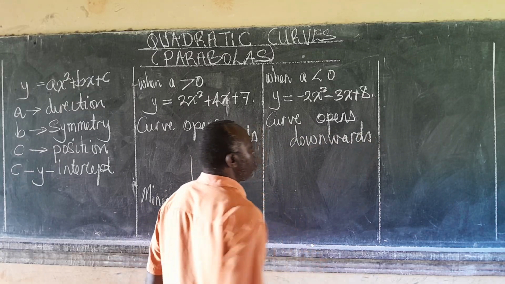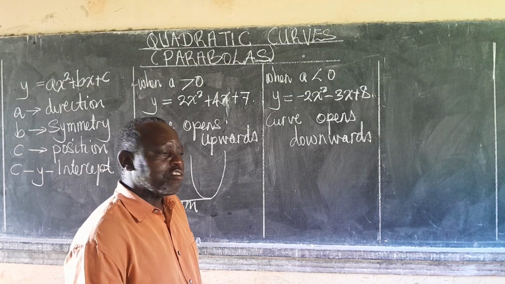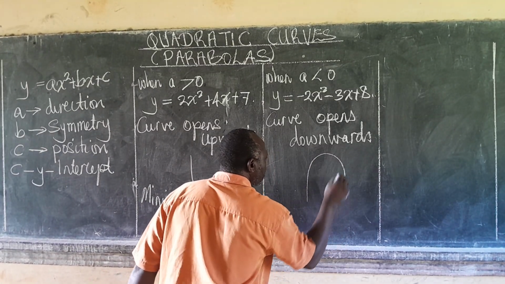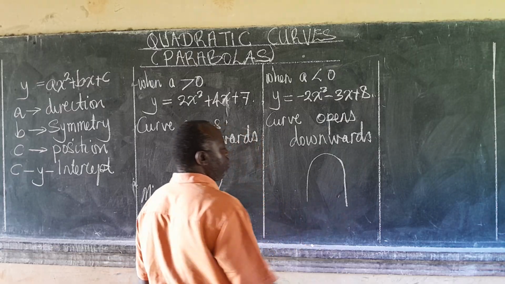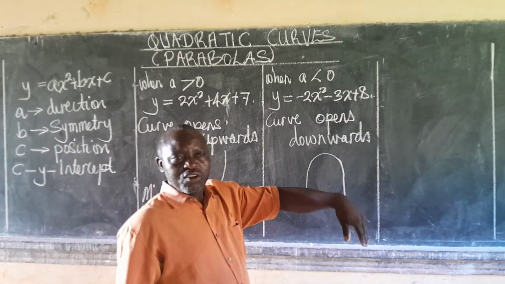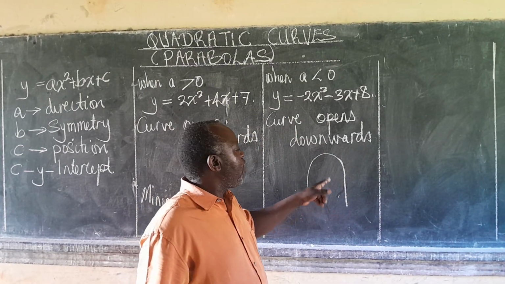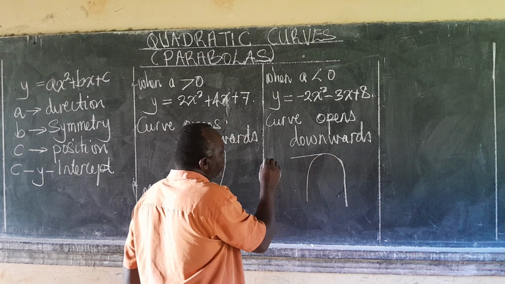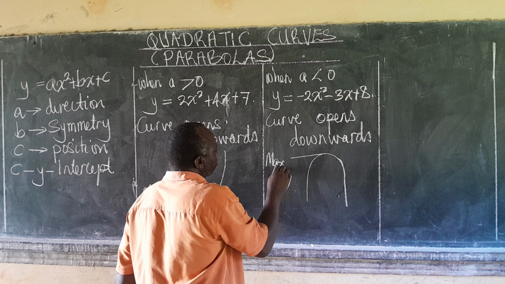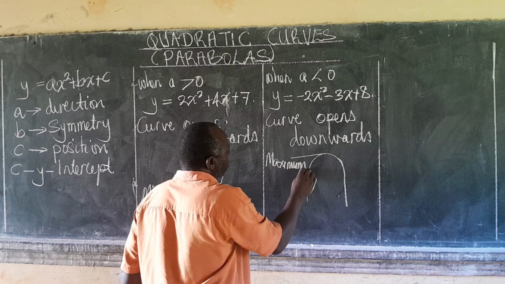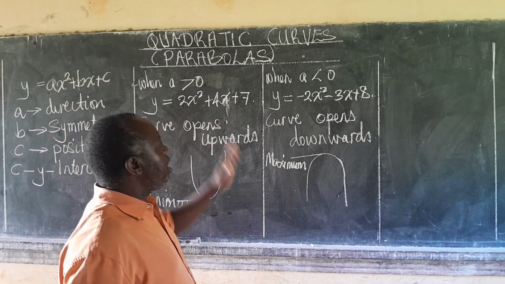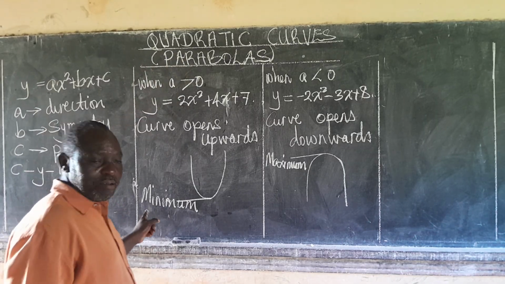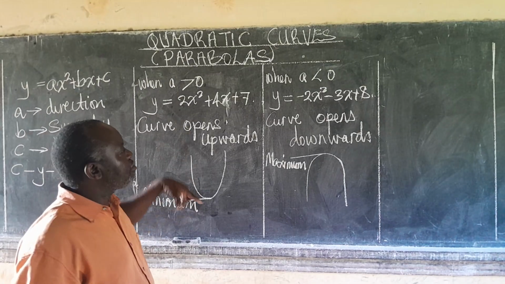Opening downwards, that is an inverted U, like this. If it is an inverted U, it's like climbing a hill. You come to an extent when you are at the highest peak. Therefore, the highest value here is the maximum. Therefore, when A is greater than 0, what you get is the minimum, and the curve opens upwards.